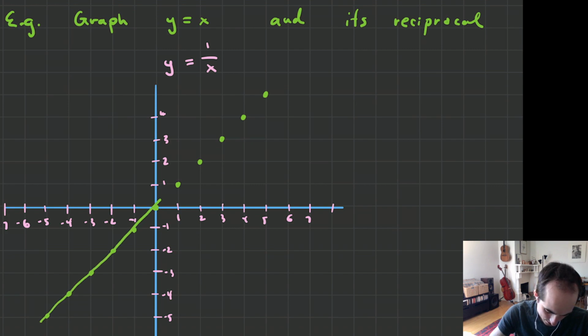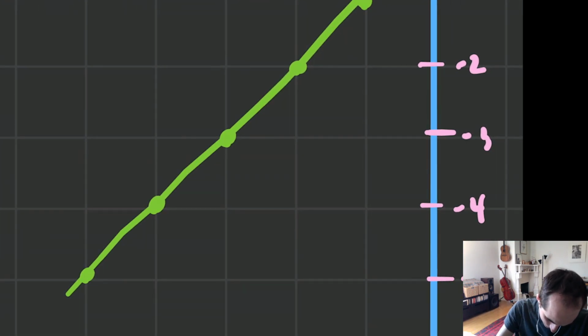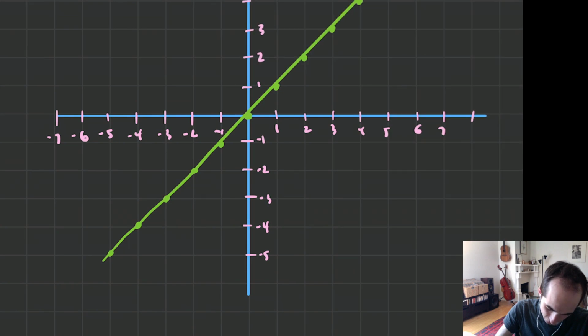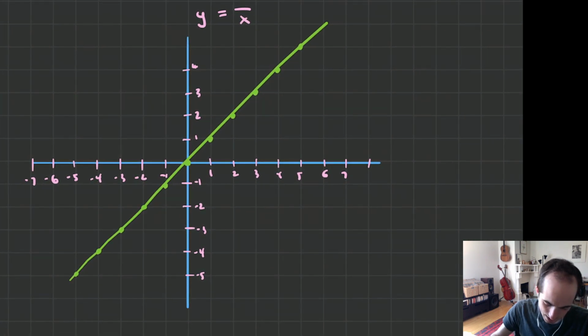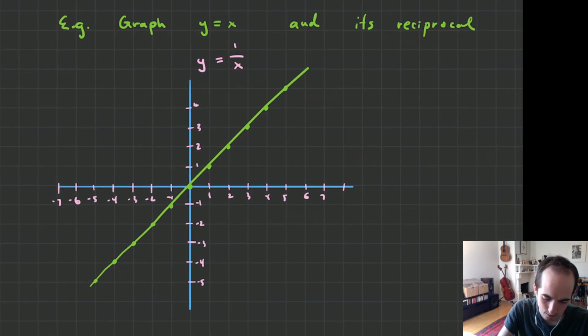I'll try to make it as straight as possible for the geometry tool to autocorrect. It didn't do the best job of autocorrecting. It's a little bit lumpy over here, but it's straight enough. And okay, there's my function, y equals x.